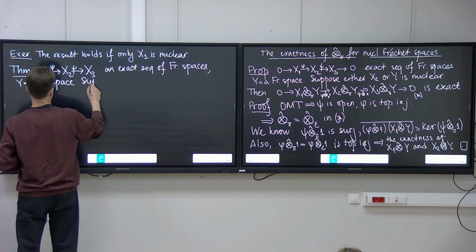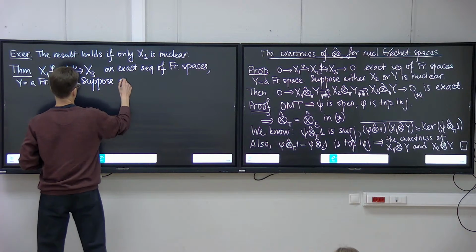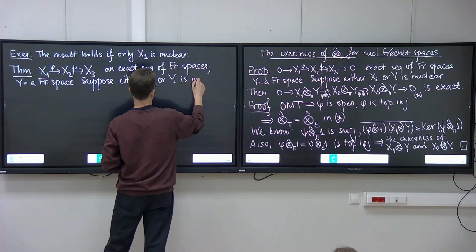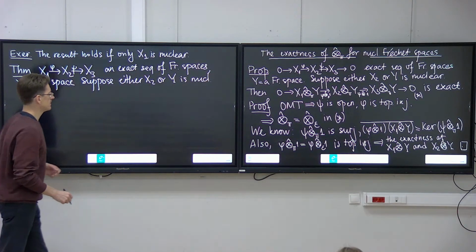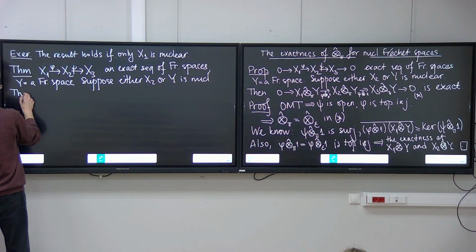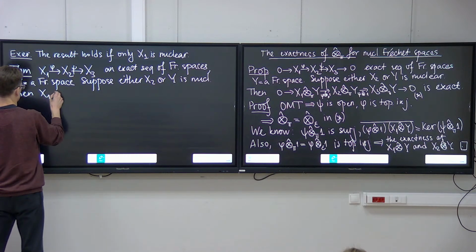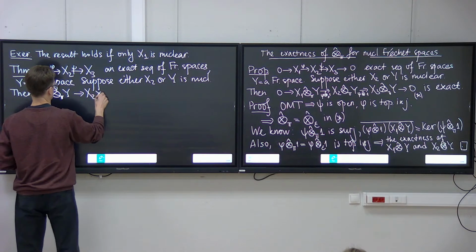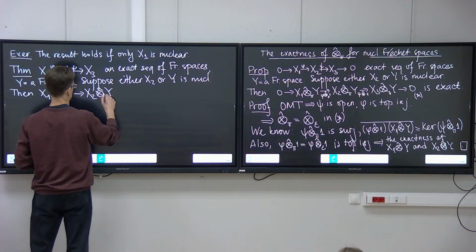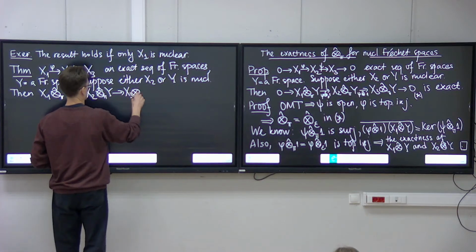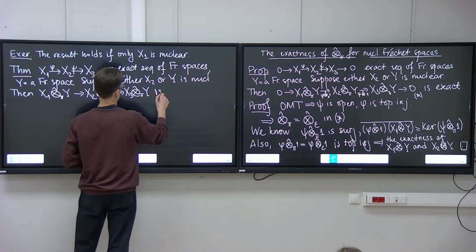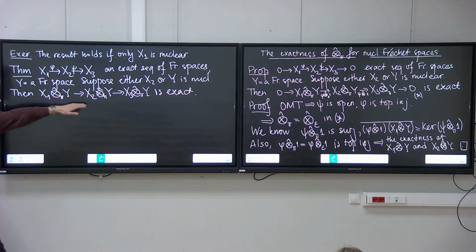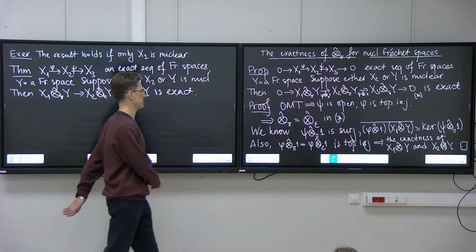And again, suppose that either x2 or y is nuclear. And I claim that in this case, the tensor sequence is again exact. So this is a generalization of this proposition.